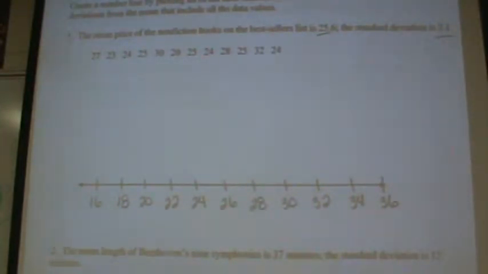Now what we're going to want to do is plot all of our data values. So we have a 27, and again this is with x's on the number line, and we'll just stack them up if we have repeated values.